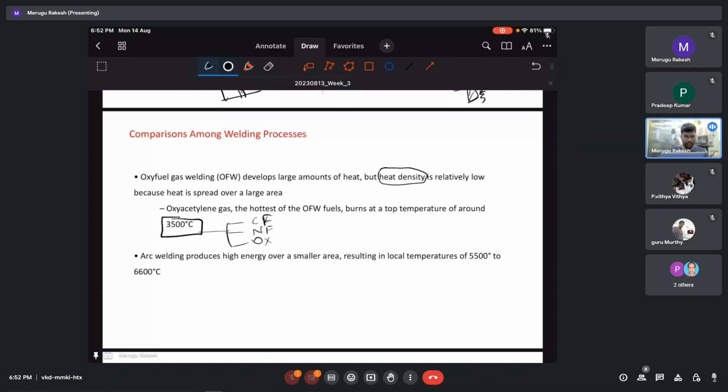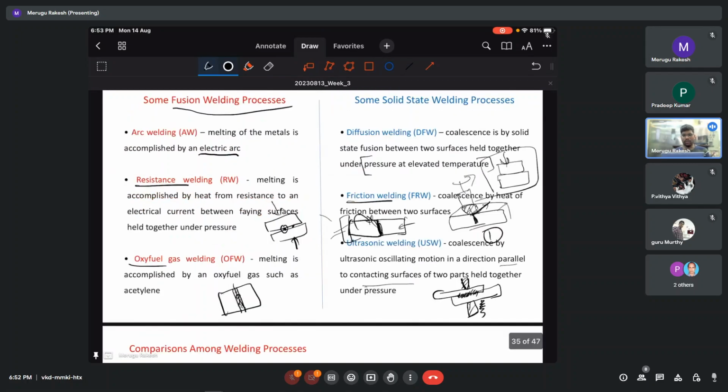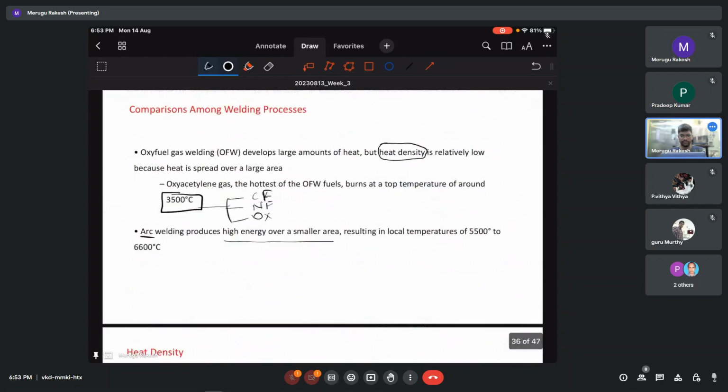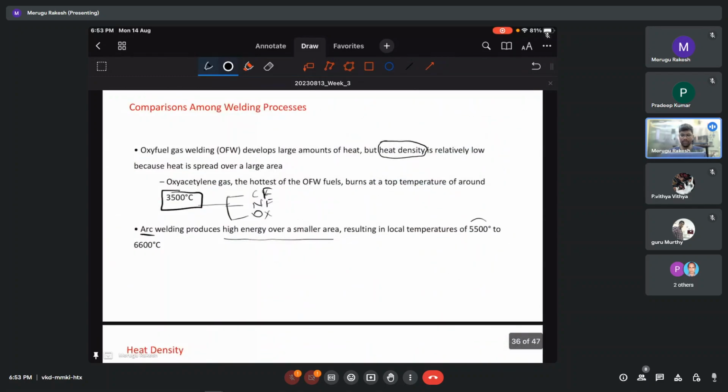When it comes to arc welding, the heat is higher energy over a small area, so the heat density is very high. In arc welding, we have seen around 10 for oxy-fuel, and arc welding around 50, which is 5 times better than oxy-fuel gas. The temperature produced is 5,000 to 6,600 degrees Celsius.